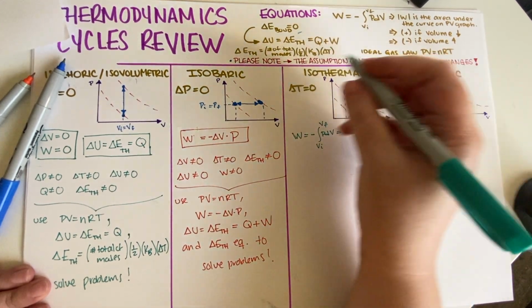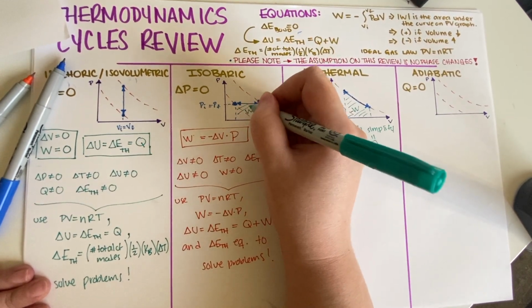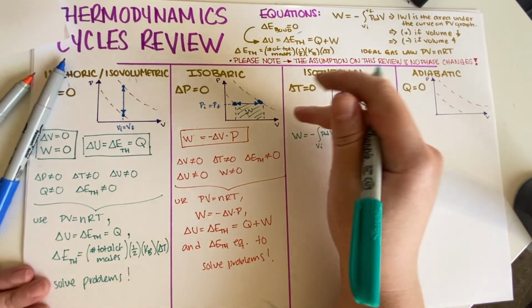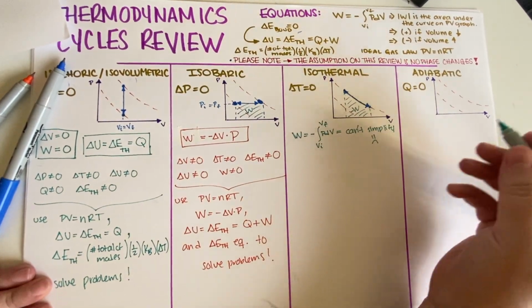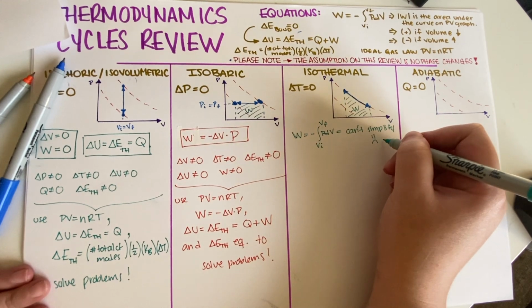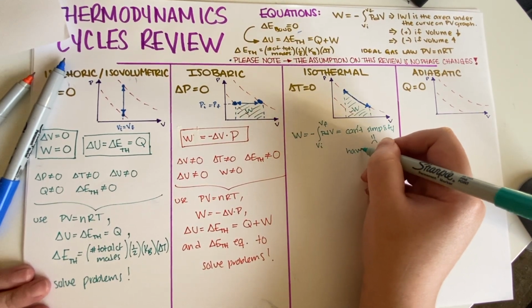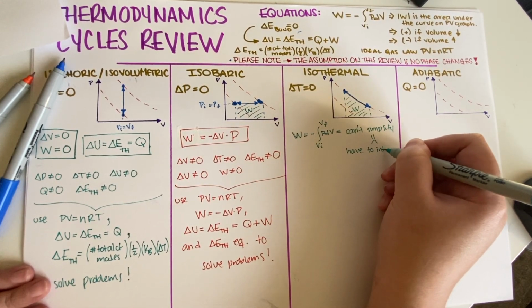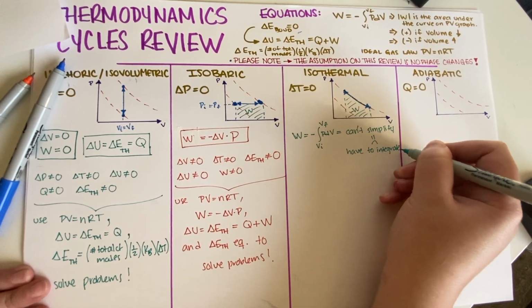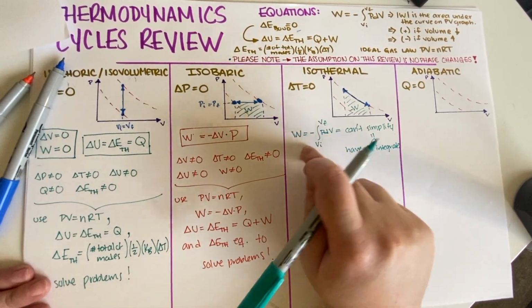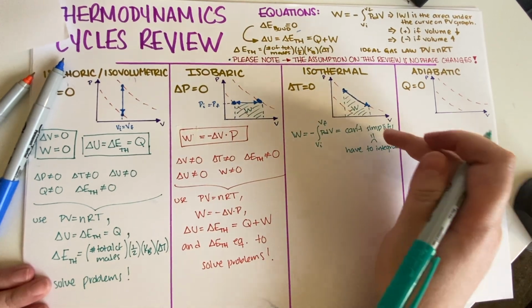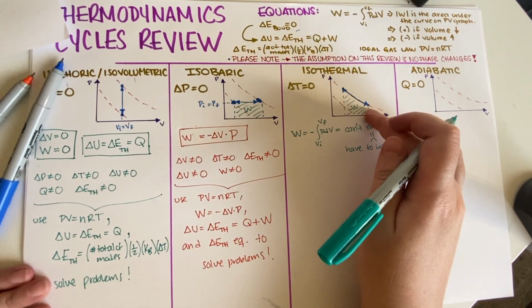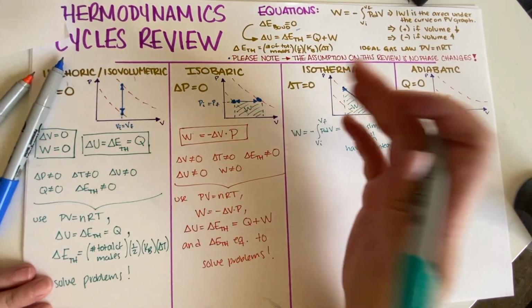However, it's not as trivial as just multiplying base times height or something. You actually have to integrate. If you want to get something from this equation, you have to integrate because it's not as trivial as just getting some sort of square.